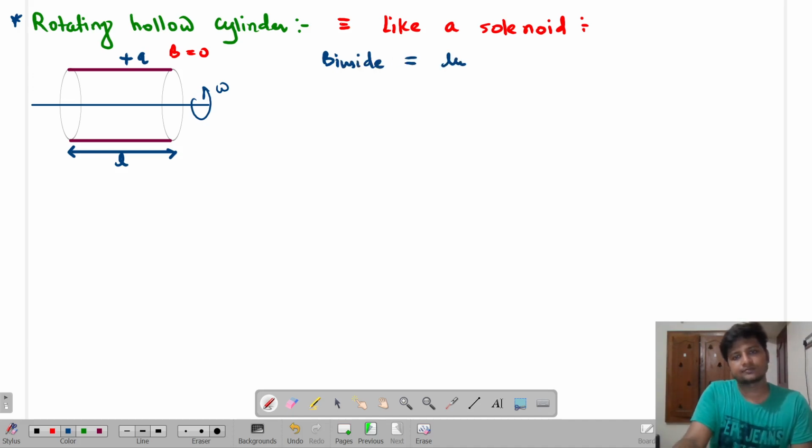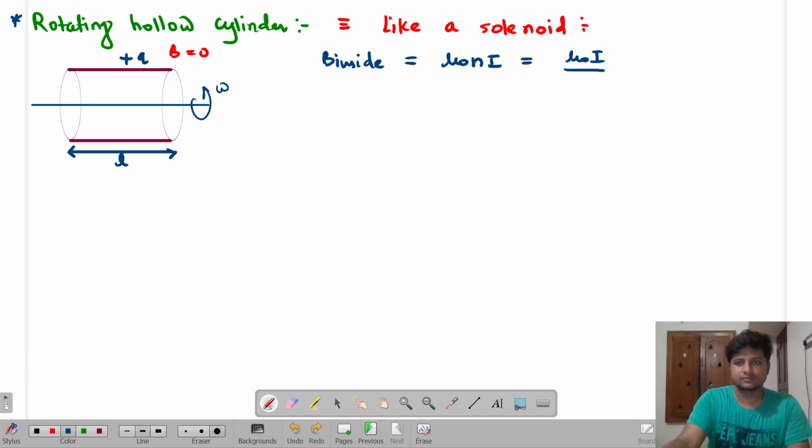Mu naught n I, or mu naught I by L, isn't it? Mu naught I is what? This whole charge is rotating with omega, so I is q omega by 2 pi. Are you able to get me or not? This is clear.